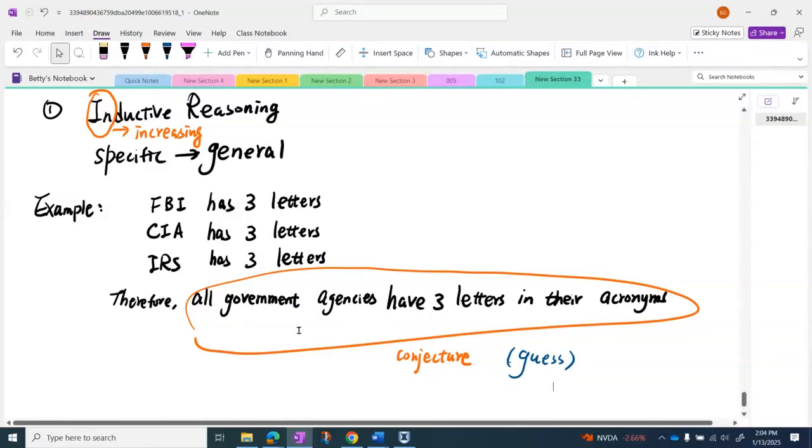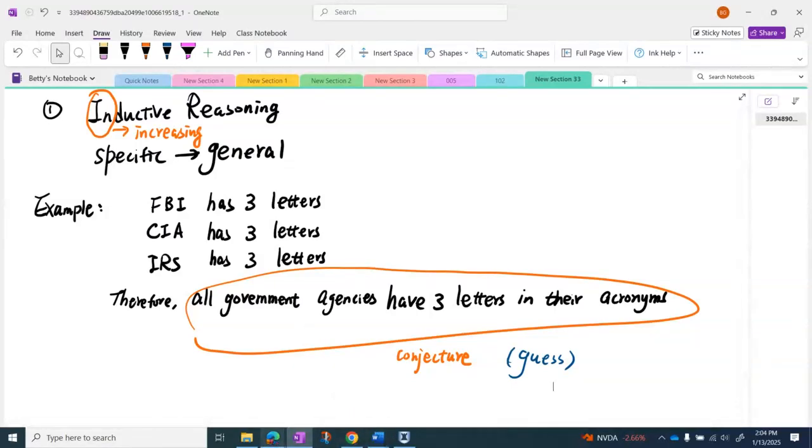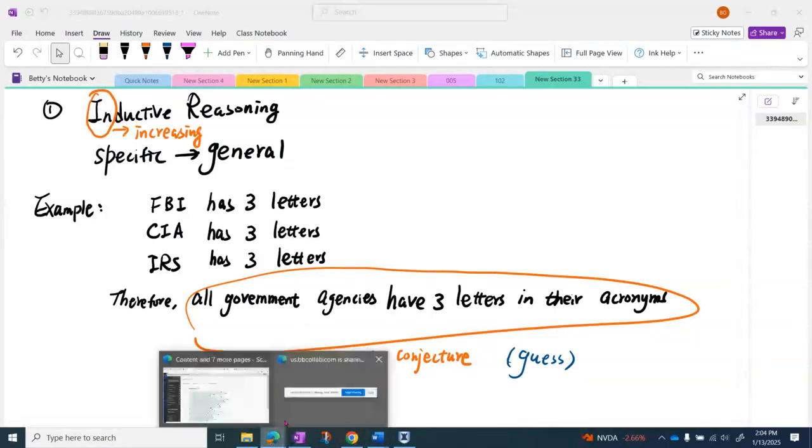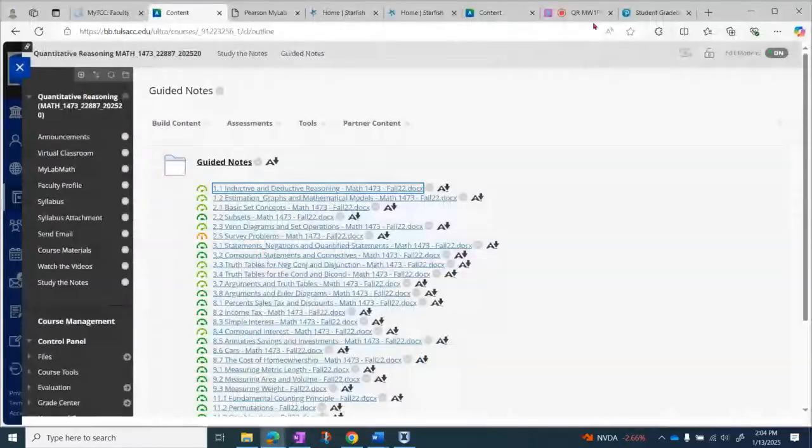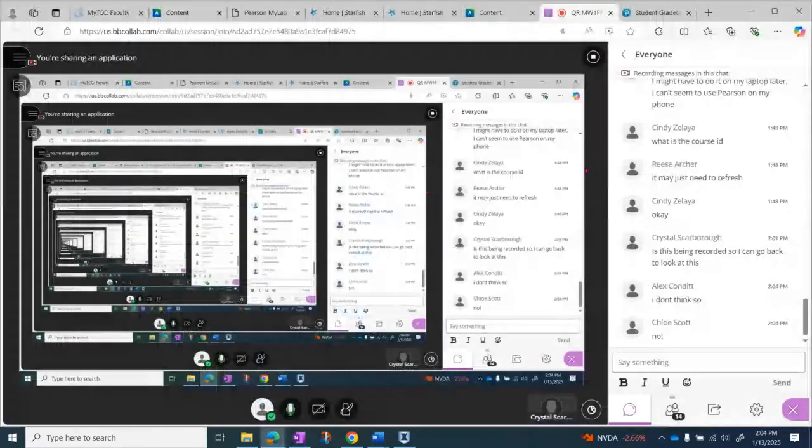All the government agencies have 3 letters in the acronyms? No, you're right, you don't think it's perfect. Can you give me an example that the government agency does not have 3 letters in the acronym? Can you find one that doesn't have 3 letters?